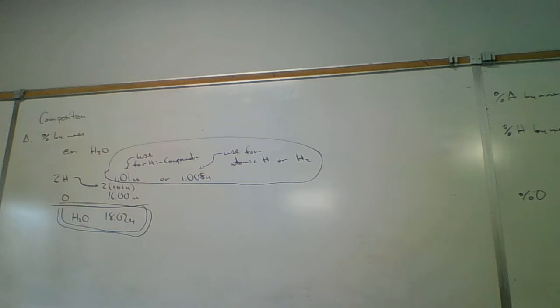So this gives us 88.790%. Look at it, they're different. If I just take the balance being oxygen, I get 88.81. If I just calculate it straight off here, I get that.